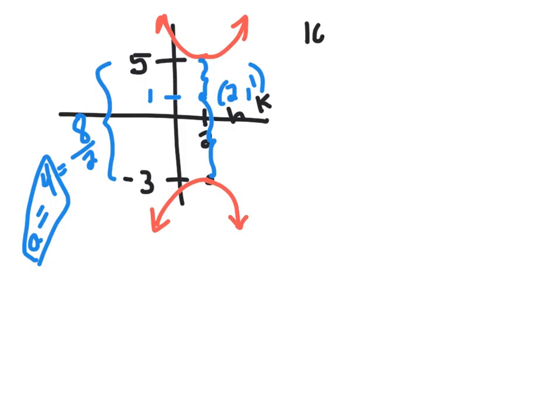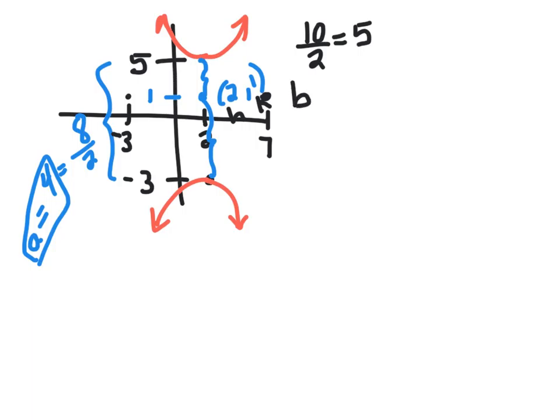So the conjugate length is 10 divided by 2, 5. So I have to go 5 both directions, left and right. If I go right from 2, 5 to the right, that would be 7, and then 5 to the left, negative 3. Okay, so that would be what you're going to graph.